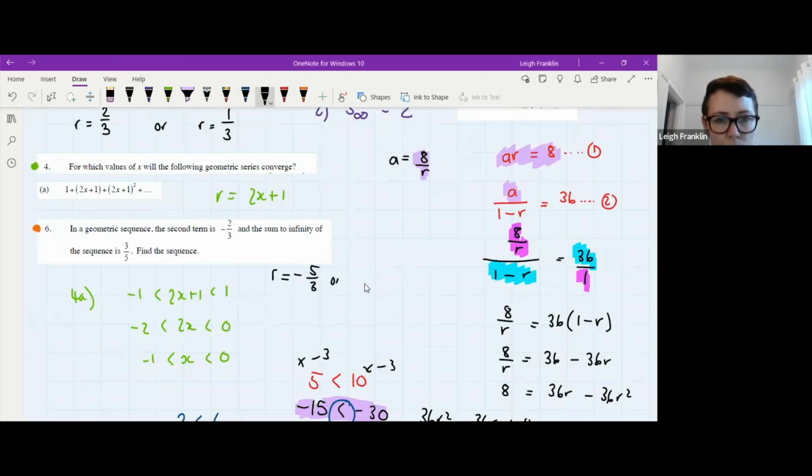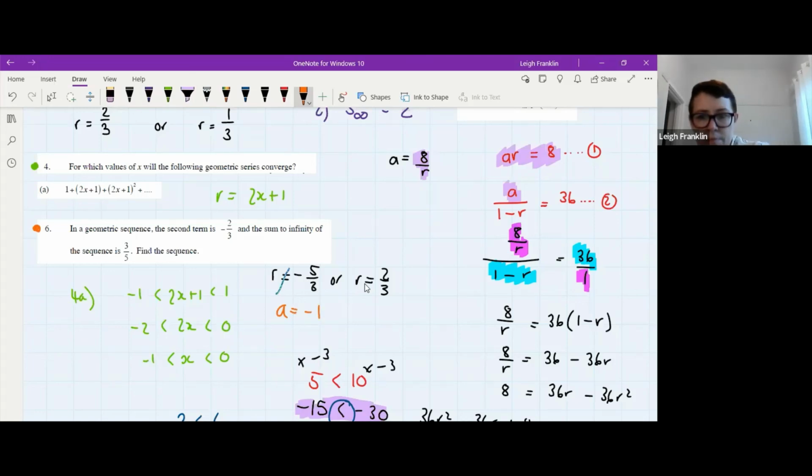I disregarded the -5/3. Absolutely, because -5/3 is smaller than -1. Yes. Then I substituted it to work out a, and I found that a is -1.